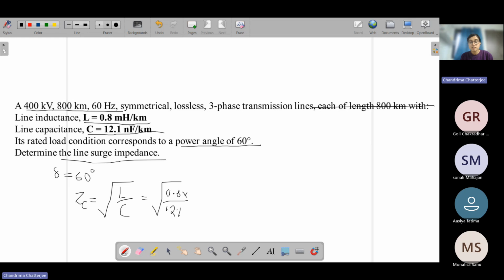This is millihenry, so it would be 10 power minus 3, and this is nanofarad, so this is 10 power minus 9.